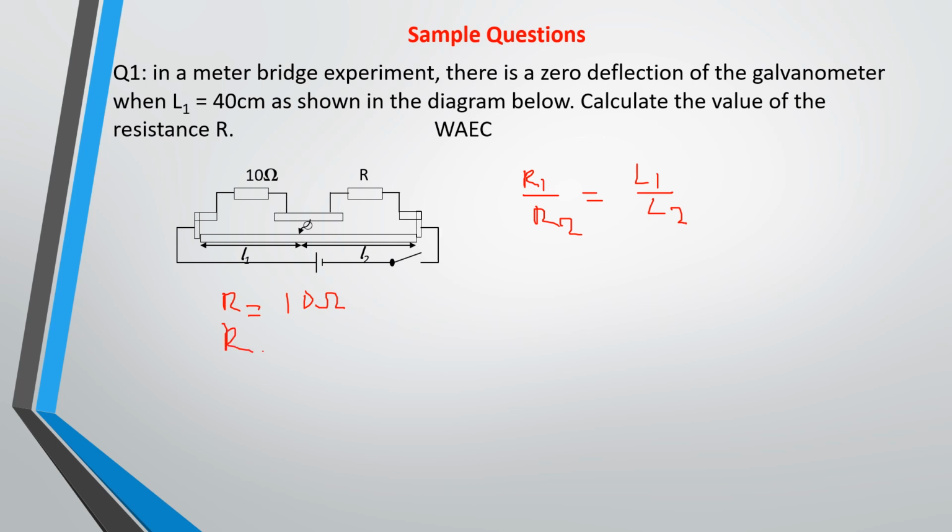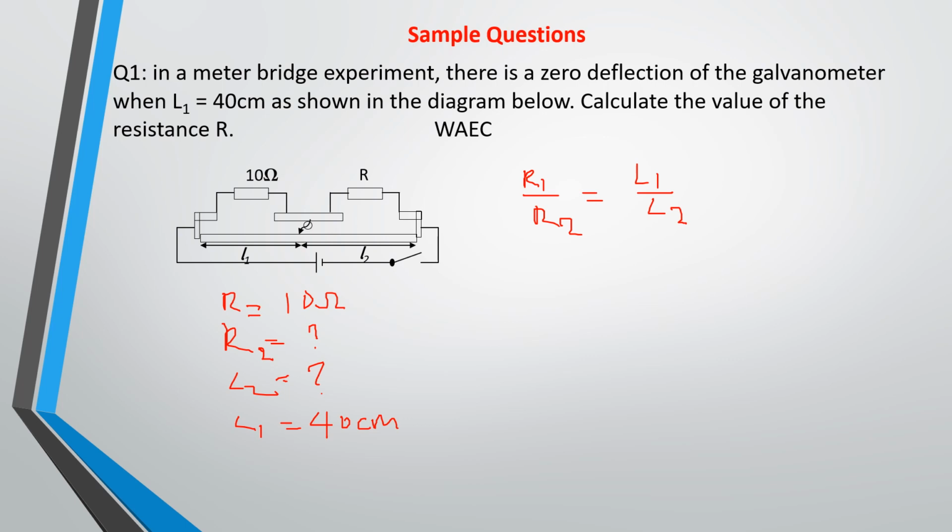R2 is unknown, and L2 is also not given to you. L1 is given to you to be equal to 40 centimeters.